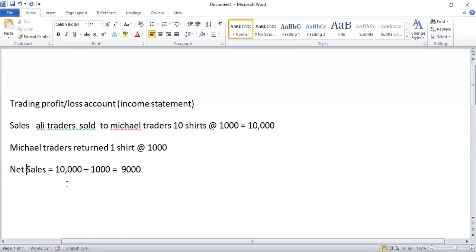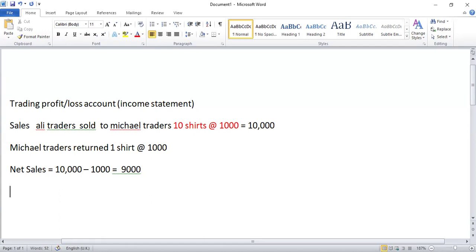We have sold 10 shirts, each at 1,000, and we had 10,000 in sales. Now one shirt has been returned by Michael Traders, and that shirt we have to deduct.